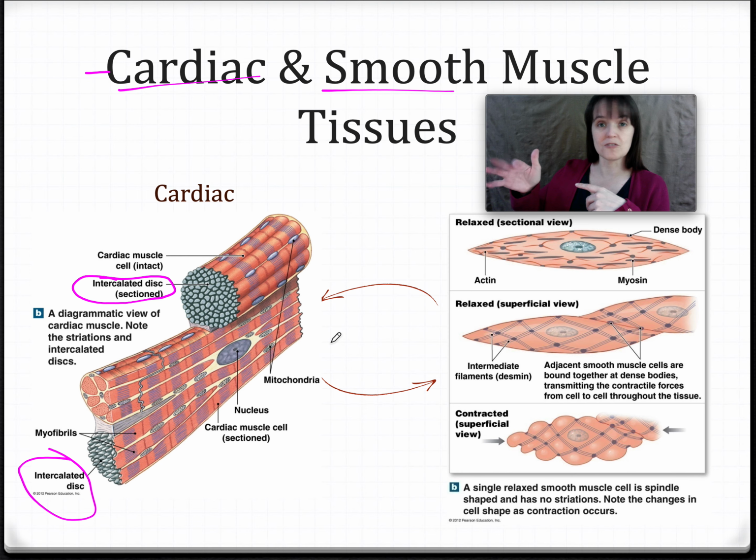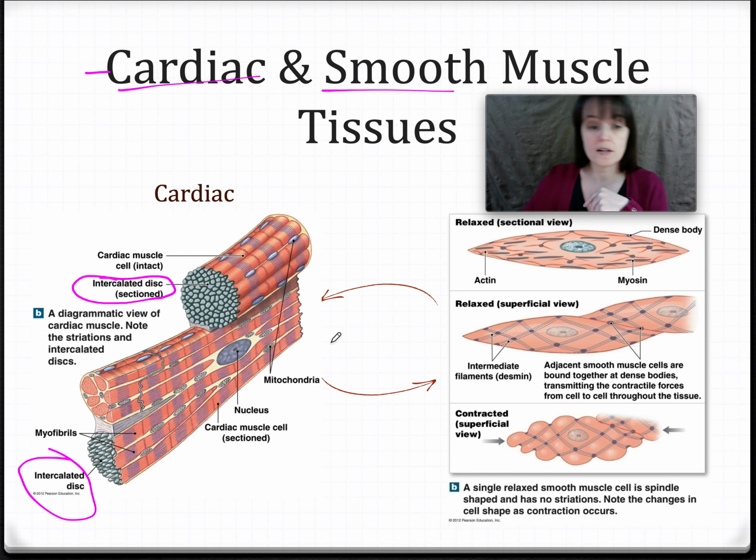Because if it's just fluttering, if you get ventricular fibrillation, you're not pumping the blood. And if you're not pumping against gravity, then you're not getting blood to the brain and the extremities. So bad things happen. Lips turn blue. That happens.